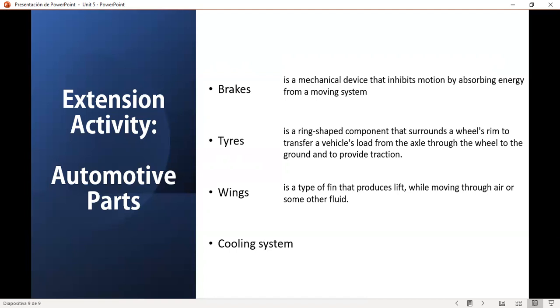And I think it's a good system for that. Yes. In this case, it uses either air or liquid to remove the waste heat from an internal combustion engine. Okay, exactly. Perfect. Thank you.